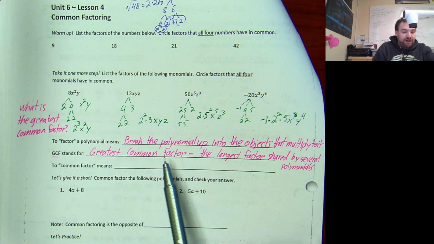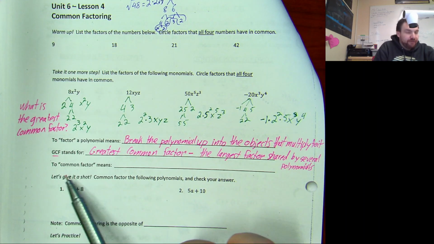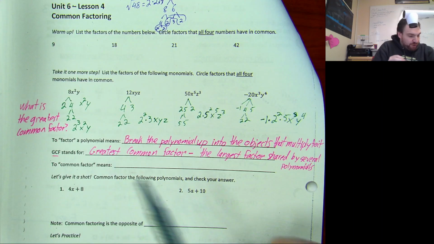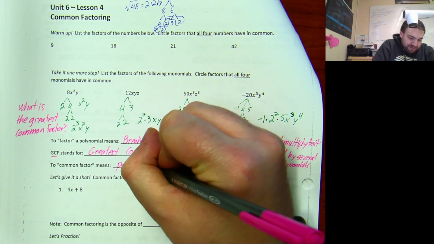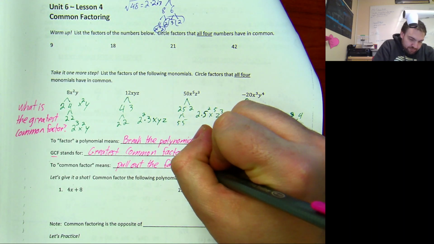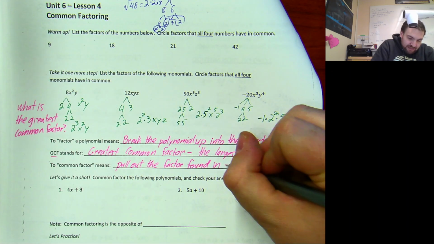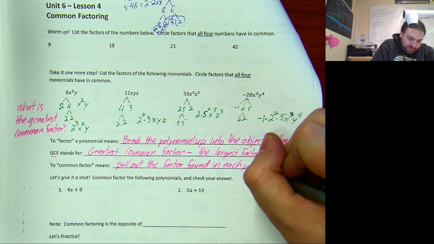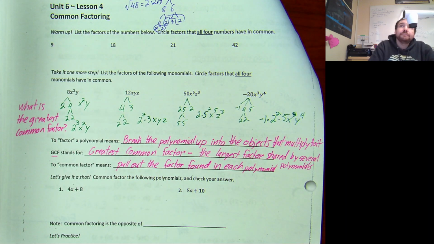That is what the greatest common factor is. And a common factor just means we're going to pull out the factor found in each polynomial, or sometimes in each term within a polynomial.